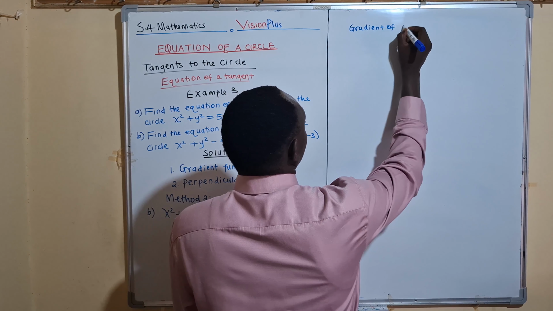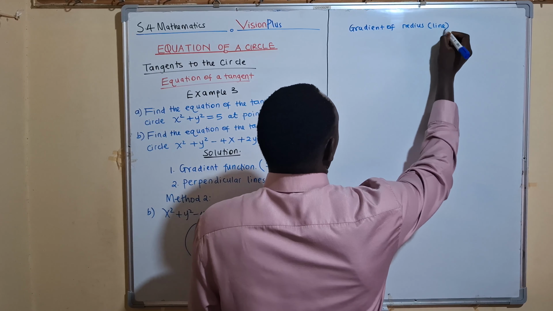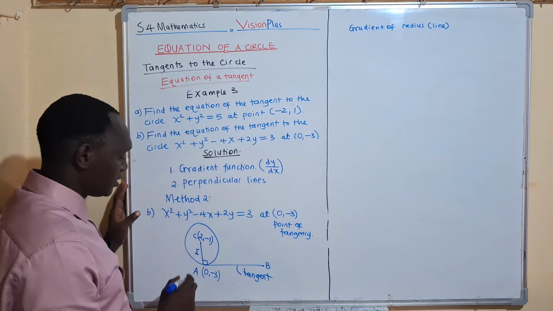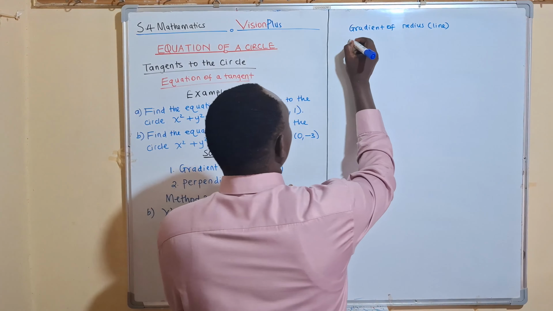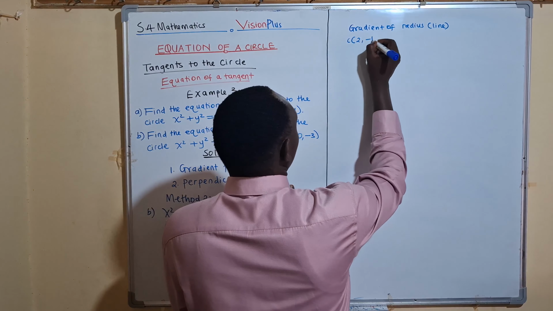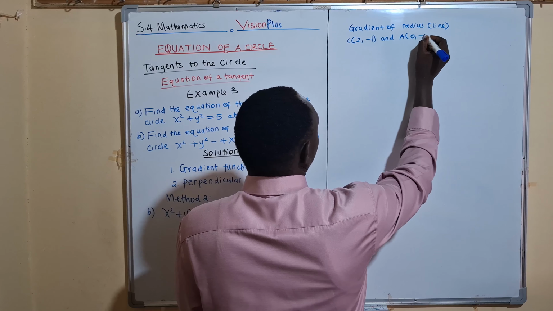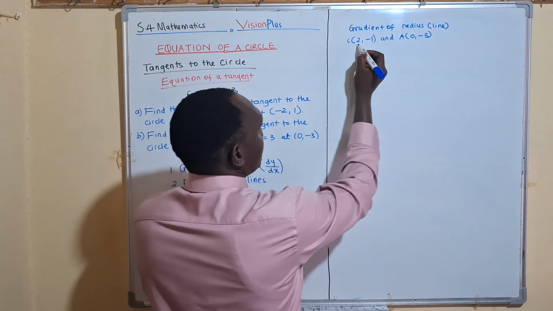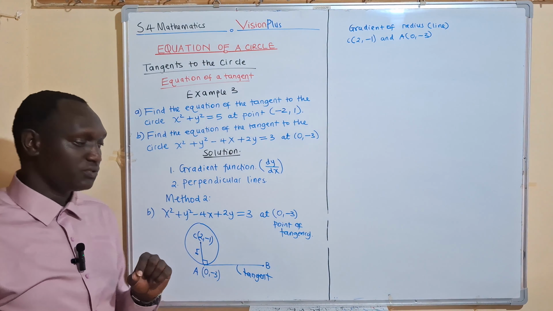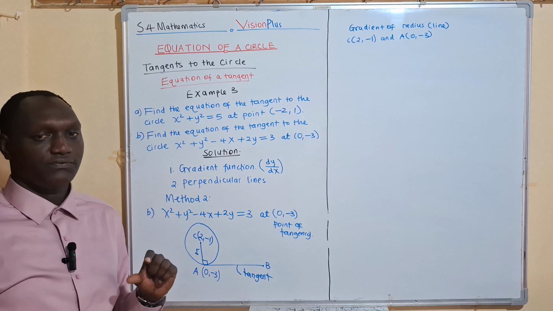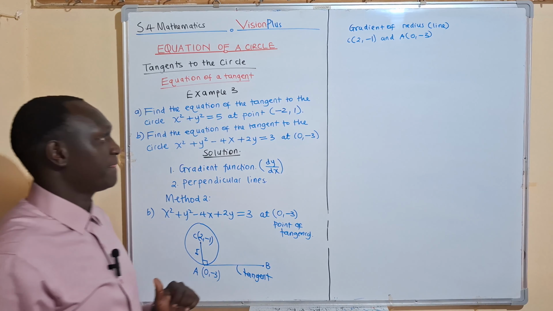Clearly, radius is a line joining point C to point A. So point C is (2, -1), and point A is (0, -3). This is the center, and this is the point of tangency. We can use those 2 points to get the gradient of the radius. Then we'll see how it will assist us to find the equation.